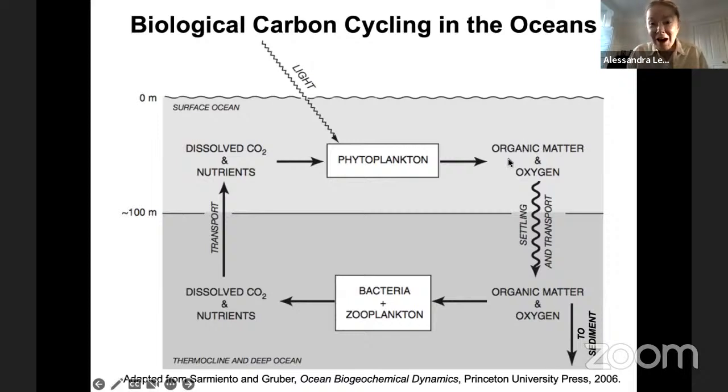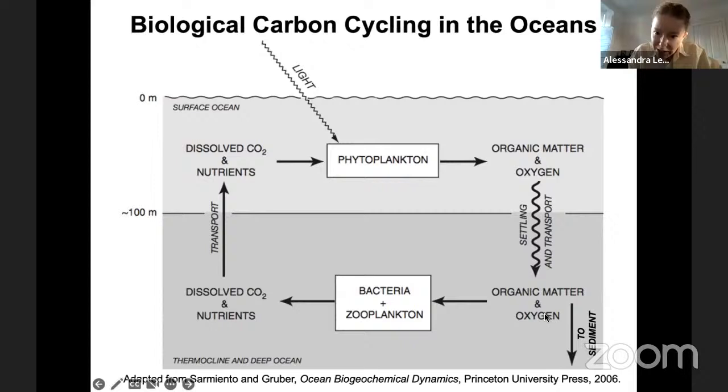And when they die, their rotting carcasses start sinking down the water column. And through natural biodegradative processes, 99% of that solid organic matter gets broken back down to carbon dioxide as part of the oceanic carbon cycle.